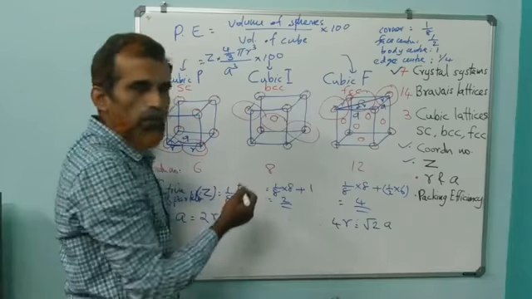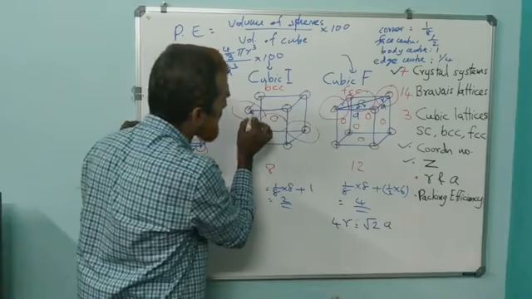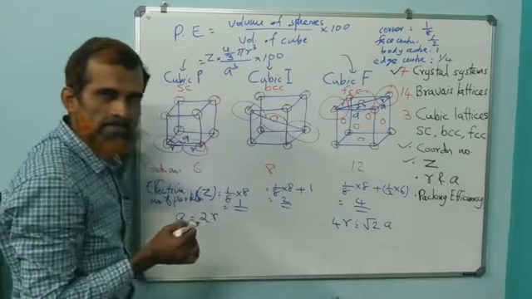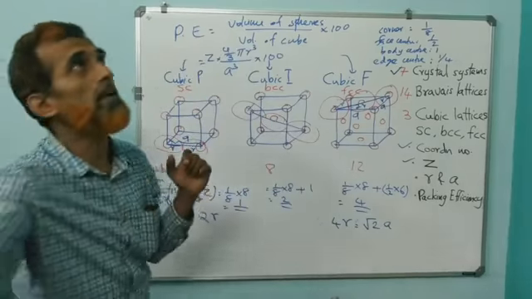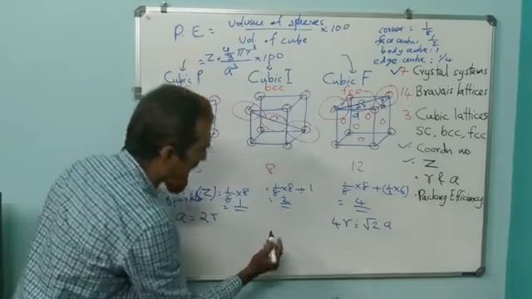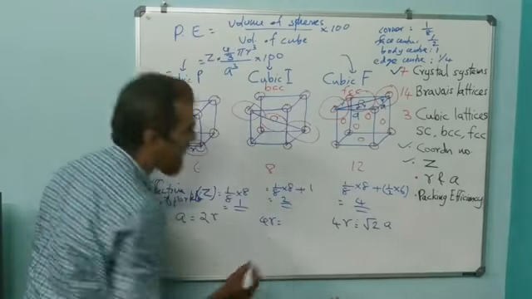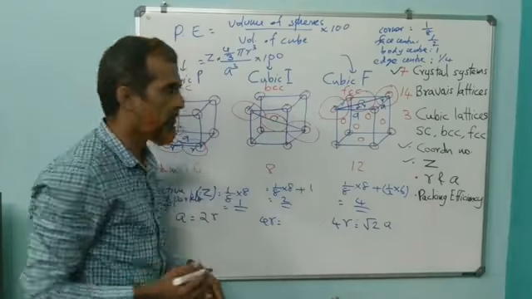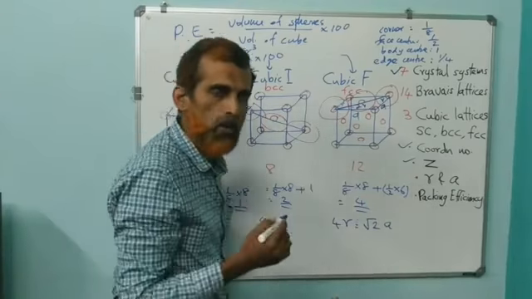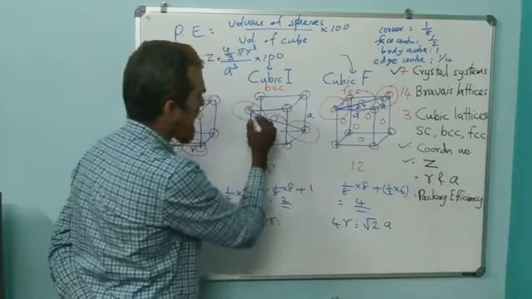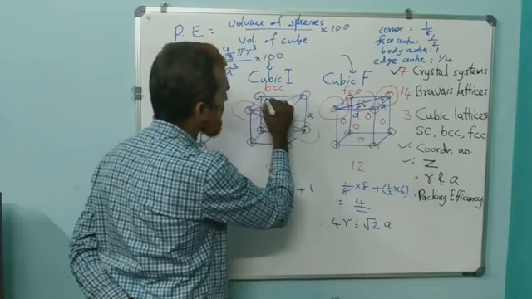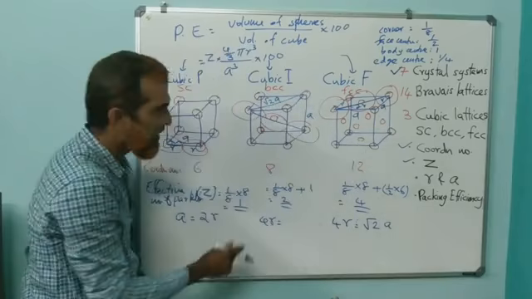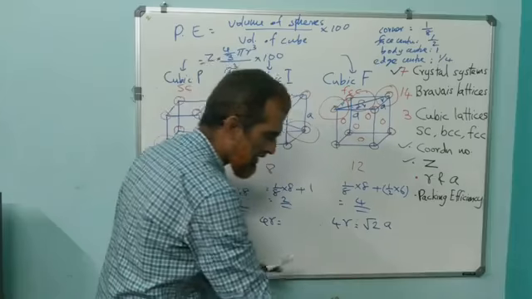Finally, coming to BCC. In BCC you can see particles are touching along the body diagonal, correct? So it is 4R again. 4R is equal to the body diagonal of the cube. How do you get the body diagonal of a cube? If this is A, this is the face diagonal, root 2 A, which we got earlier. Consider this triangle now.